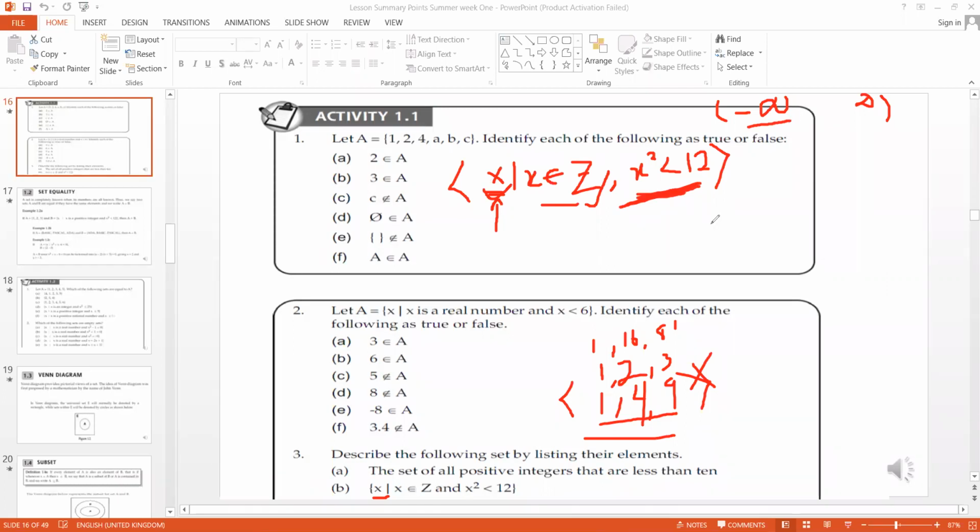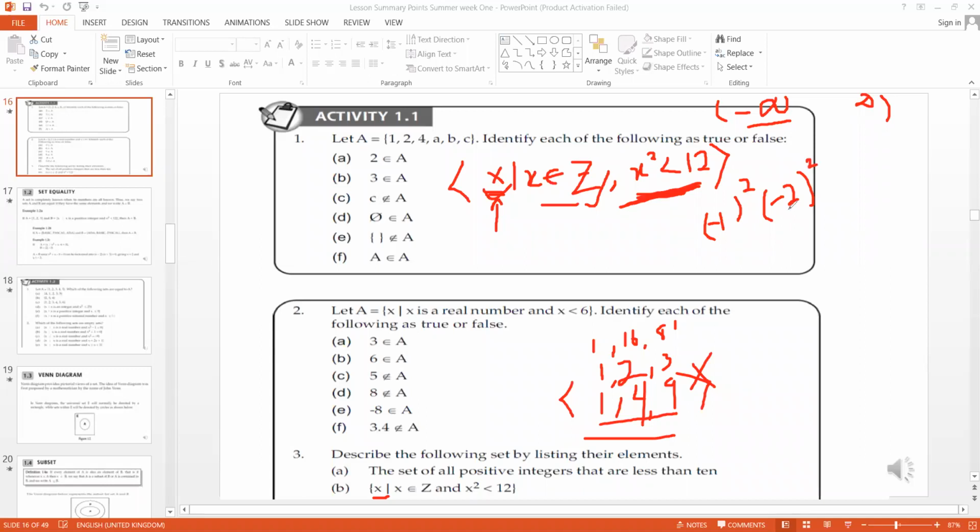It means that if we are to use -1 square, -1 square is also an integer and it will be less than 12, so it's also part. The same way, -2 square is also an integer.